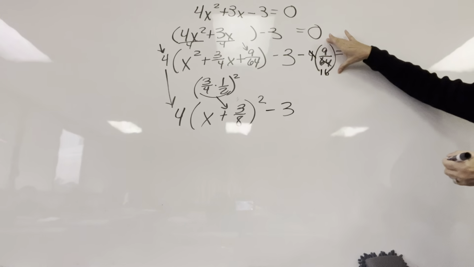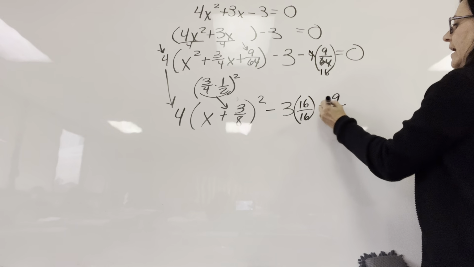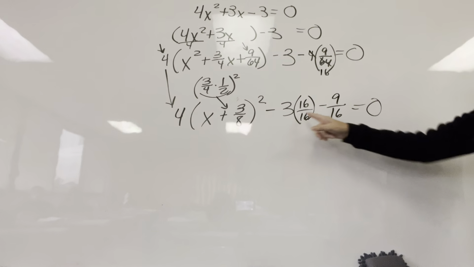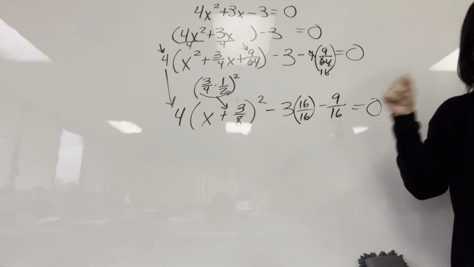So I'm going to make this one 16/16. And that's going to be minus 9/16 equals 0. I'll combine these. Does 3 go into 16? No. What's 3 times 16? 48. All right, so this is 48/16.